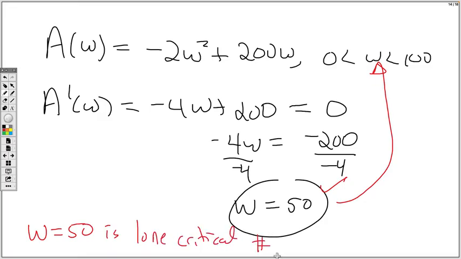So let's see what's going on. Let's see if it's a local max or local min. There are two ways we could find if it's a local max or local min. We could use the first derivative and check around it to see if it's increasing then decreasing. Or, what's the other way we can check?